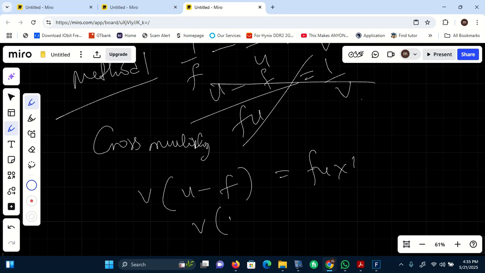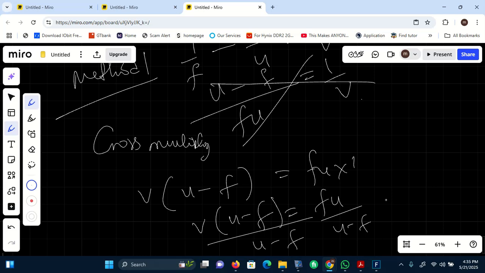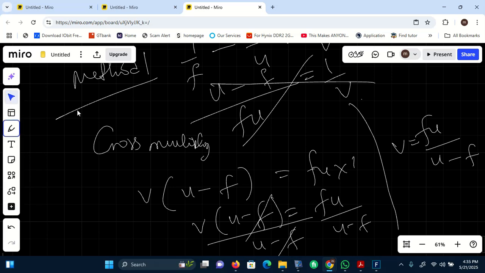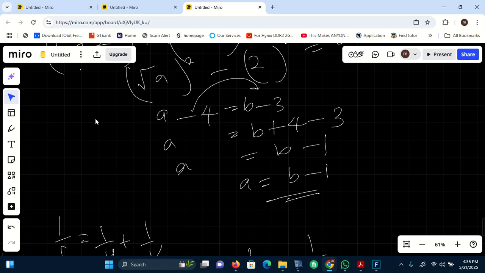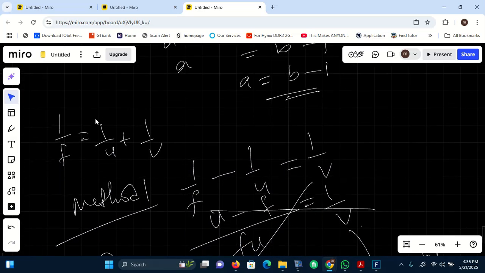So V into U minus F is equal to FU. We can divide both sides by U minus F, right? So V is equal to FU over U minus F. So that's how to solve. We've made V the subject of the formula. So it's as simple as that.